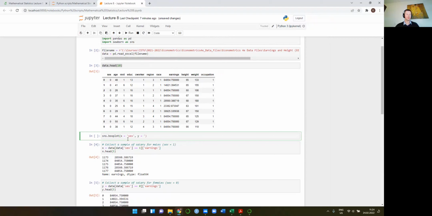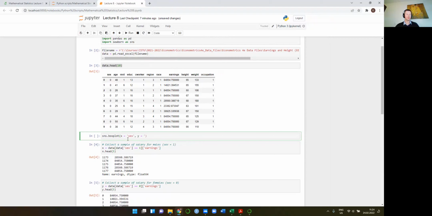Let's try if this would work. Yeah, data. I forgot about data. Data equals data. Well, maybe this helps, but I'm not sure to what extent, if you wanted some graphical representation.